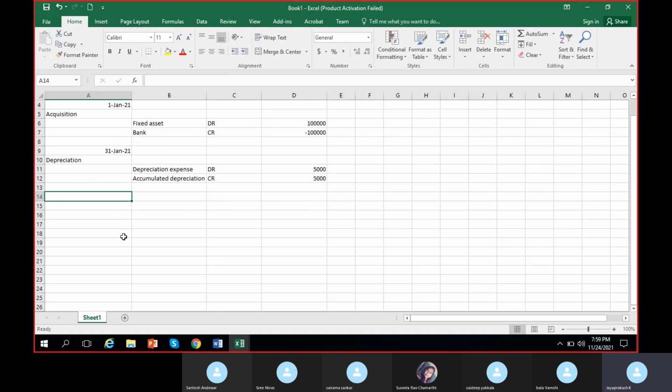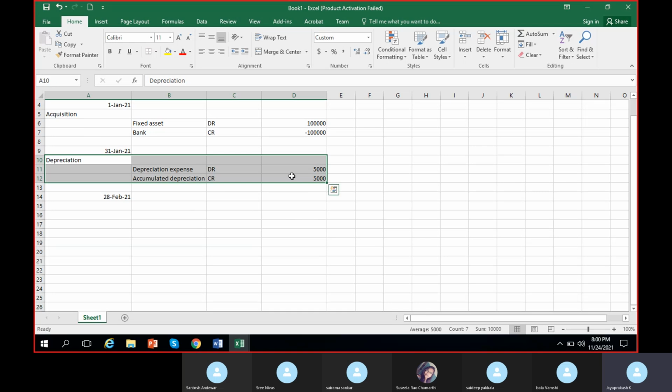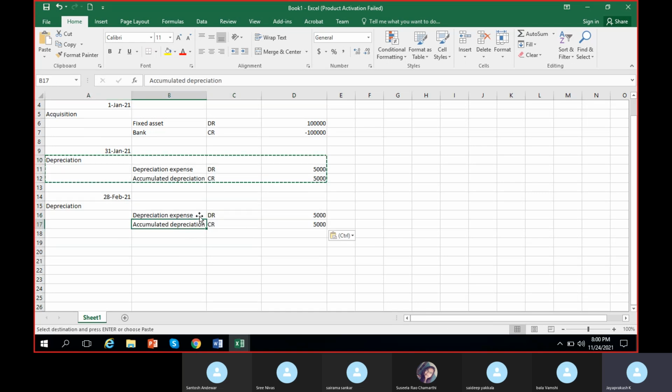Perfect. Again on 28th of February 2021, I get the same entry, right? Again I'll post depreciation for the asset, and I'll get the same entry. Depreciation expense will be debited and accumulated depreciation will be credited, and so on.